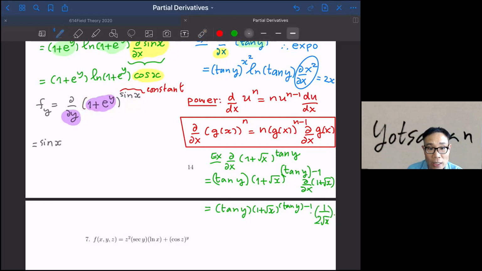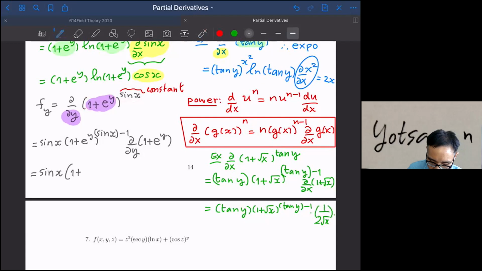So it's going to be sin x, and you have (1 + e^y)^(sin x - 1), and you find the derivative d/dy of 1 + e^y. So this guy will be sin x times (1 + e^y)^(sin x - 1), and you find the derivative of 1 + e^y, so it's going to be 0 + e^y, and this one will turn out to be your final answer.